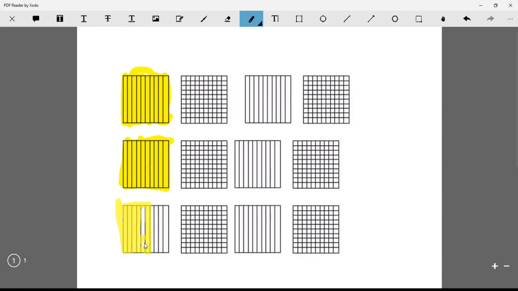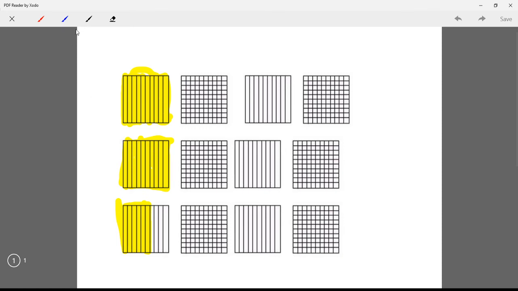Okay, now imagine these are filled in perfectly. I'm not perfect with the mouse, but they would say, what decimal does this represent?